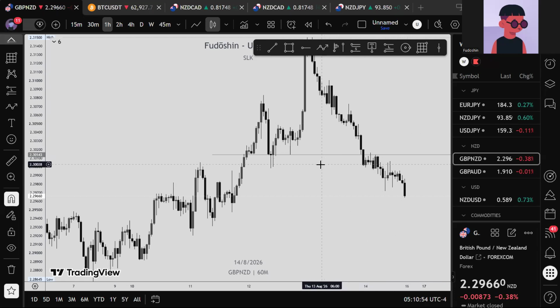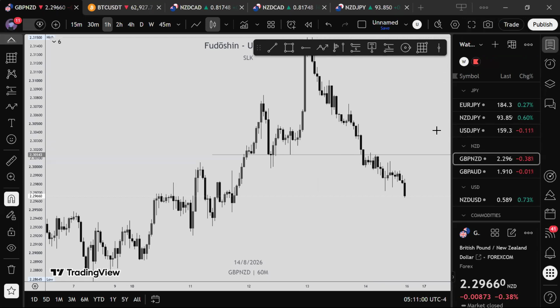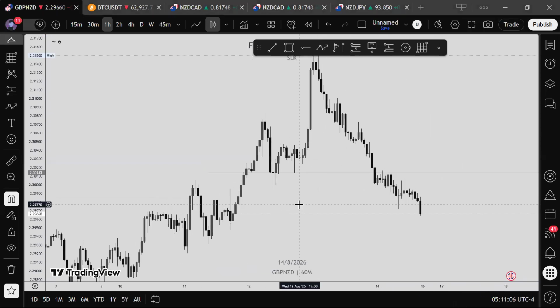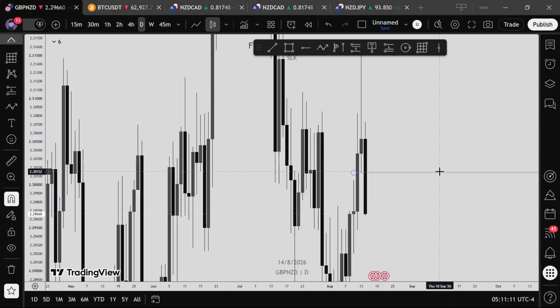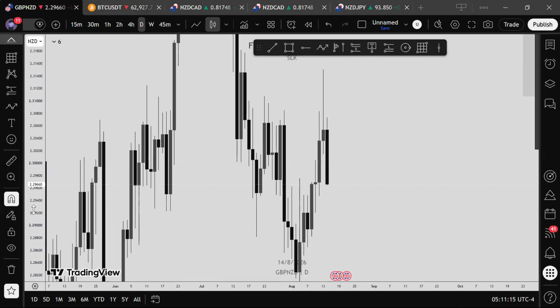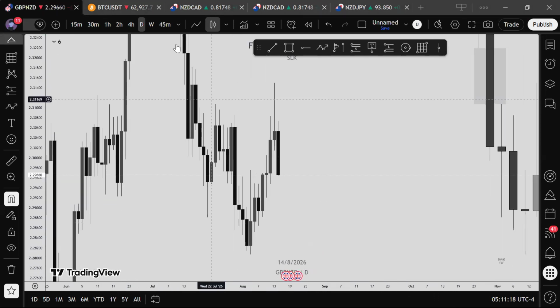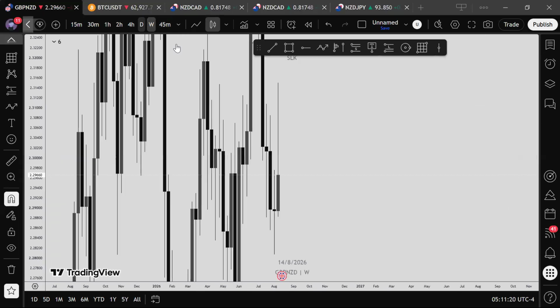4-hour sweep and break and the 1-hour QMR entry. All right. So first, I'm going to start with GBP NZD. Going to the daily, as at the time when I took the trade, I had a breakout to the upside on the daily.